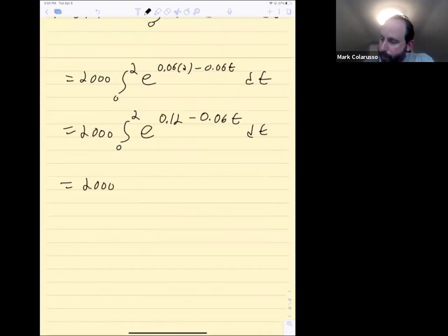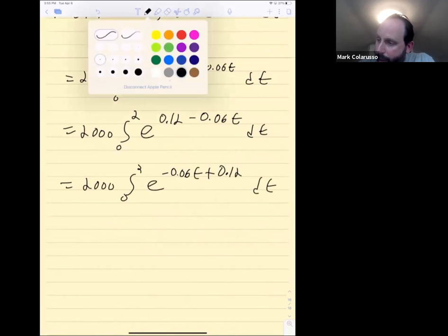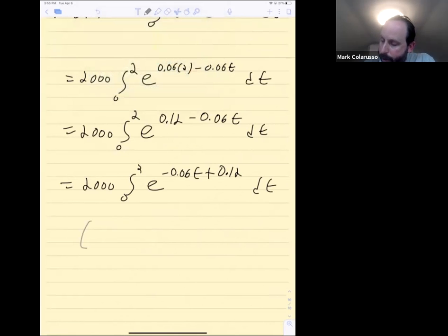So 2,000 integral 0 to 2 of e to the minus 0.06 t plus 0.12 dt. And now this looks like it's in the form integral of e to the at plus b dt, where a is minus 0.06 and b is 0.12.